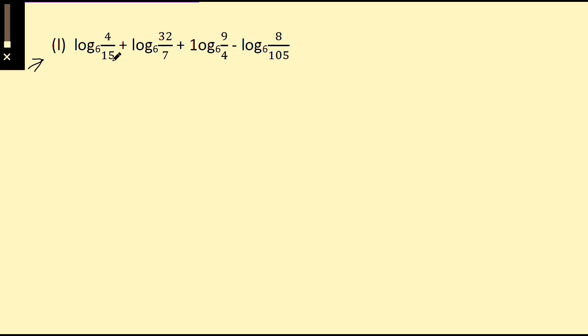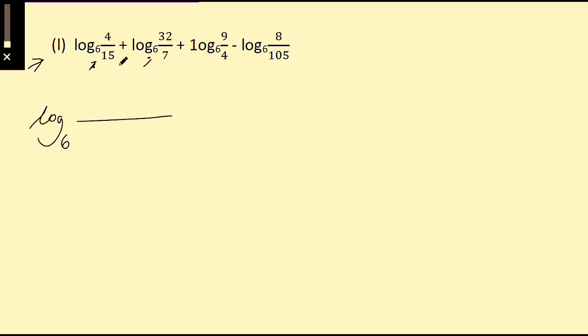Here question L, we have 4 logs with addition and subtraction relation with the same base. So we can write it as a single log applying the product and division rules of logarithm.